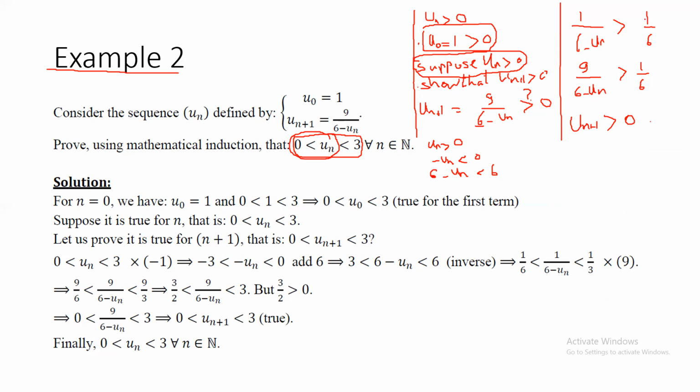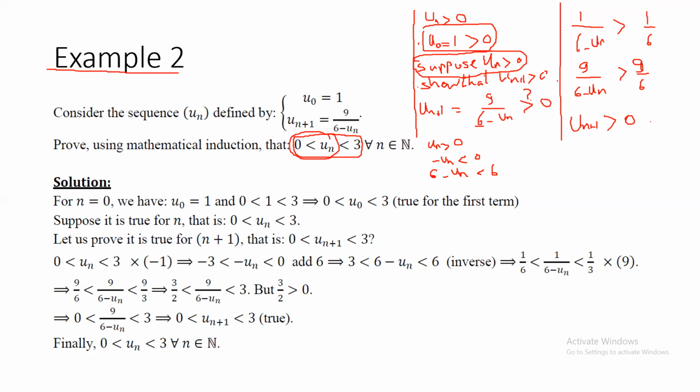So now 1 over 6 minus un greater than 1 over 6. Remember from grade 10. I multiply by 9. It becomes 9 over 6. So un plus 1 is greater than 0. Any questions about the first part? How we prove that un is greater than 0?